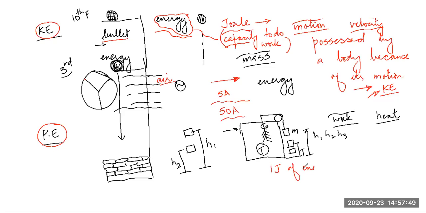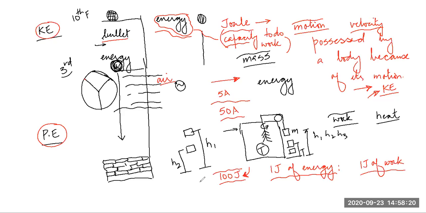An object is said to have 1 joule of energy if it can do 1 joule of work. So, suppose the energy possessed by a body is 100 joule. What does it mean? It means it has the capacity to do how much work?